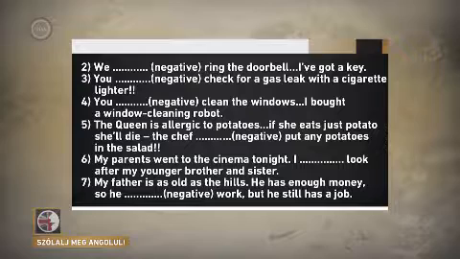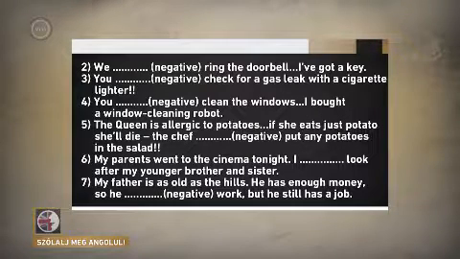If she eats just one potato, she'll die. The chef, negative, put any potatoes in the salad. 6. My parents went to the cinema tonight. I, look after my younger brother and sister. 7. My father is as old as the hills. He has enough money, so he negative work, but he still has a job.